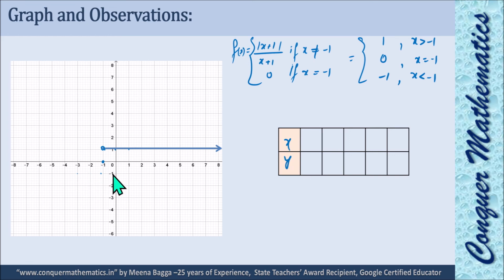Okay. At -1, it will be 0. That means at -1, it can't be -1, it can't be 1, it is 0. And the graph on the left will be this. Okay. I hope it is clear.